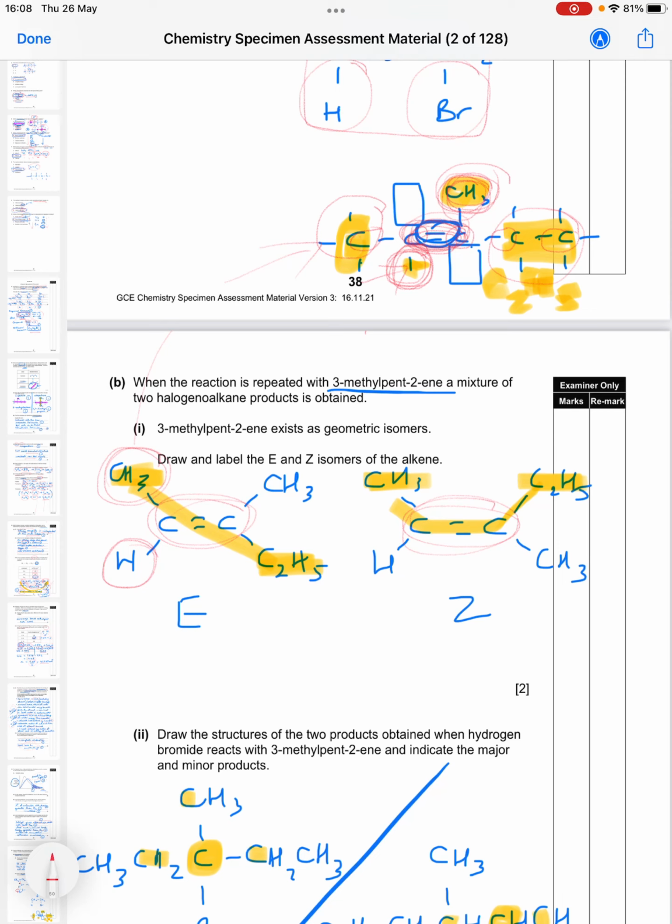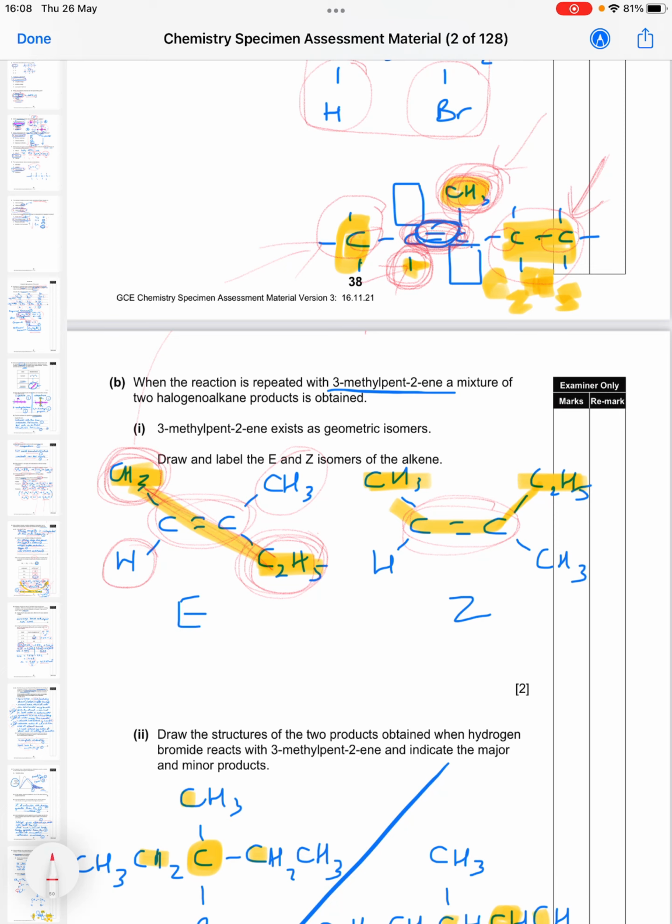You see it there. Then we have a methyl group, which is here, and then the C2H5, which is here. So the first orientation I've drawn, I've got the C2H5 at the bottom, and the methyl group is at the top. So they're opposite each other, so that means it is E.